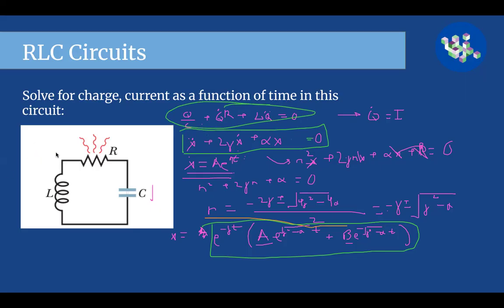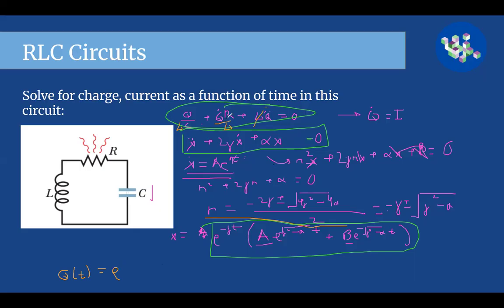If I divide by L, then what I'll get is that Q as a function of time will be equal to, first, e to the negative gamma t. What is gamma here?